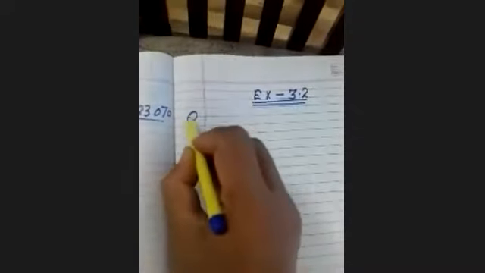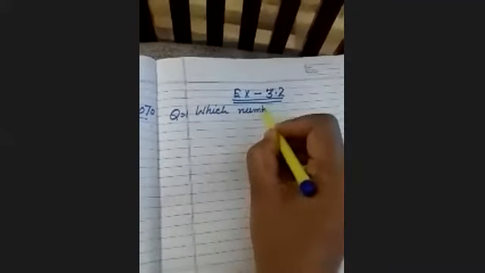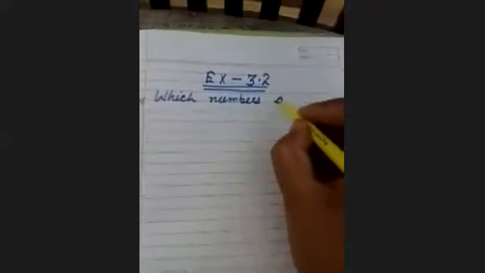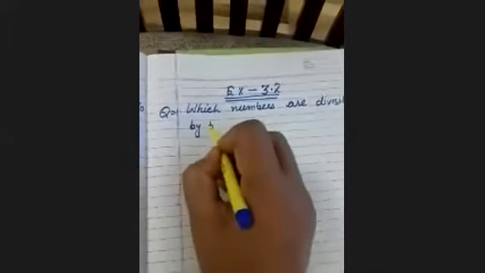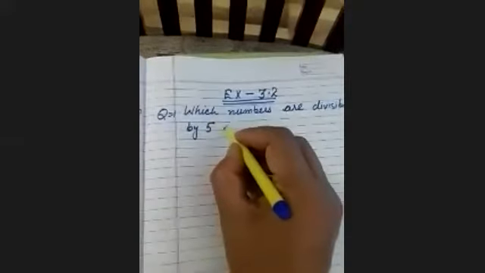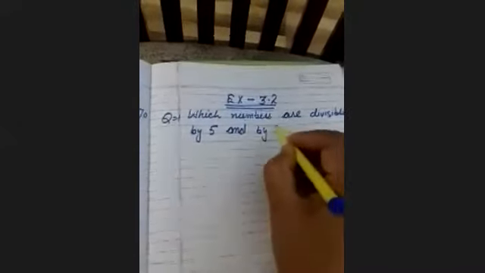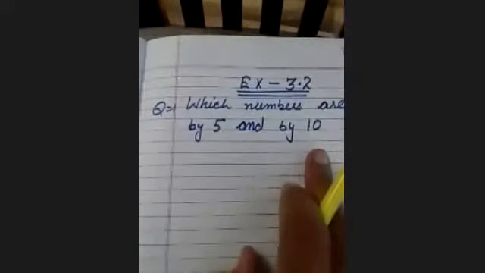In the first question we will check the divisibility by 5 and the divisibility by 10 for each number.